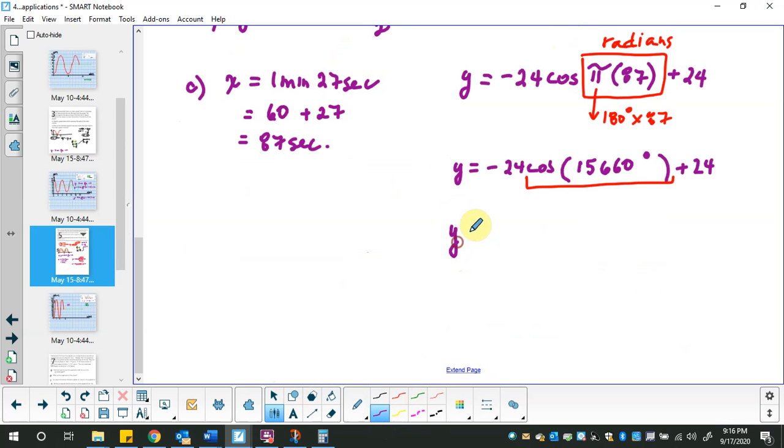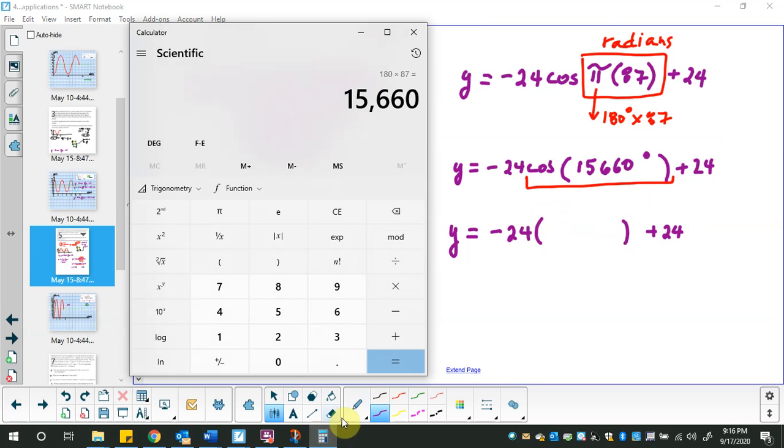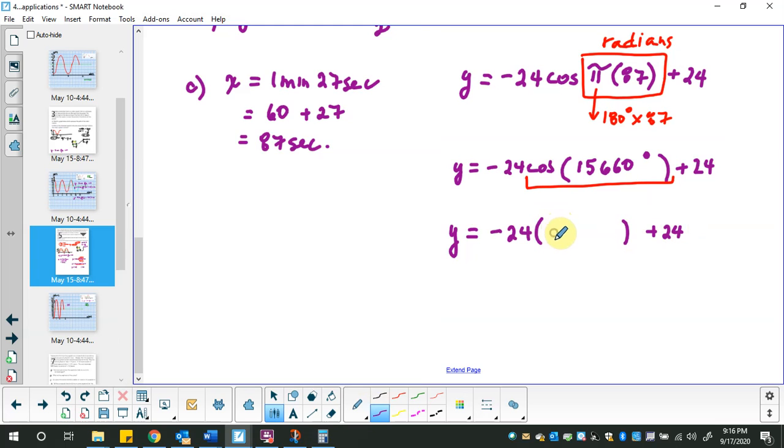And I'm showing all my work. So there it is still on the calculator, and I'm going to hit the cos button. I need to find trig and hit the cos button, and I get -1 for that value. Then I can do BEDMAS. Negative 24 times negative 1 is 24, plus 24 is equal to 48.